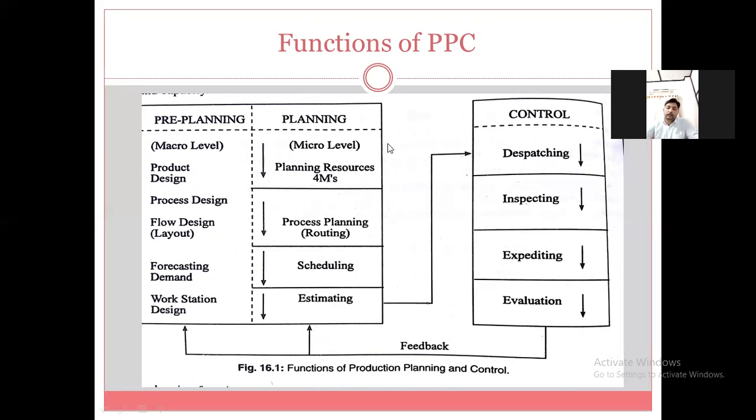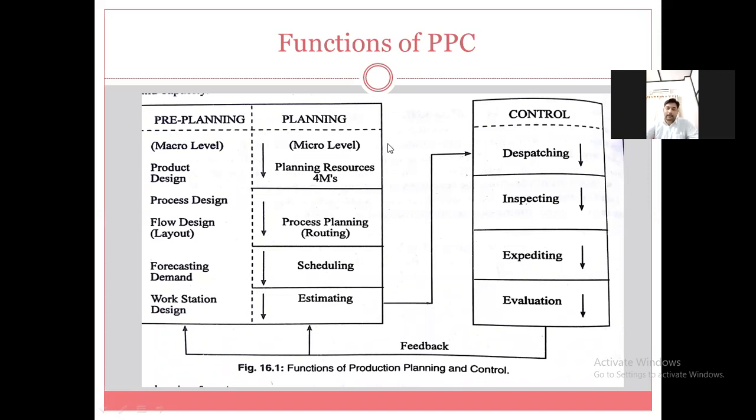In this manner you have to locate the machines, so that the main objective of layout design is to reduce material handling, and there should not be long material handling between two stations.